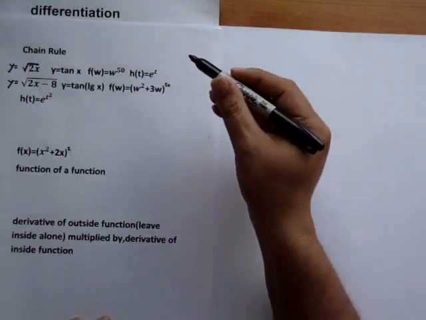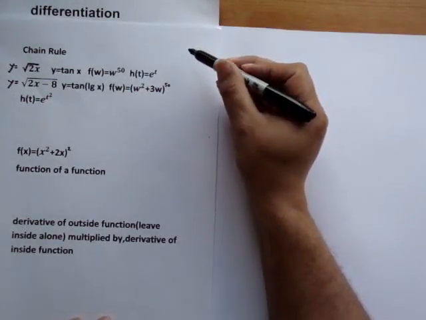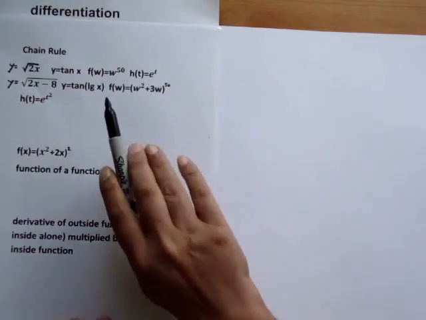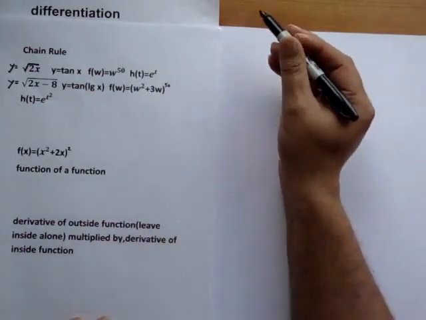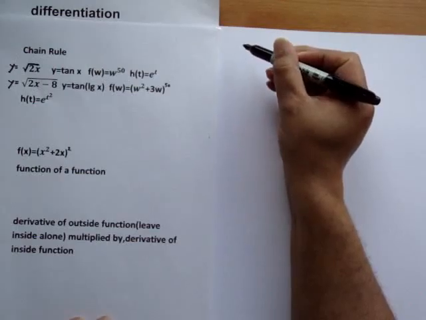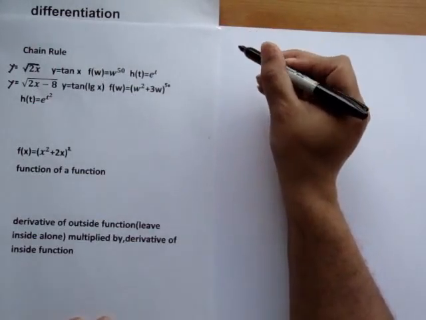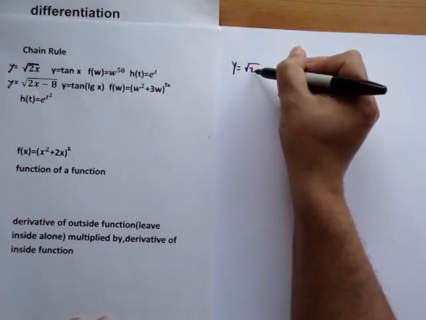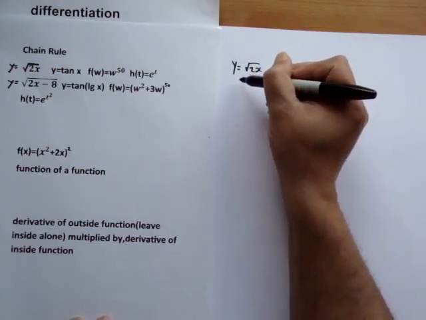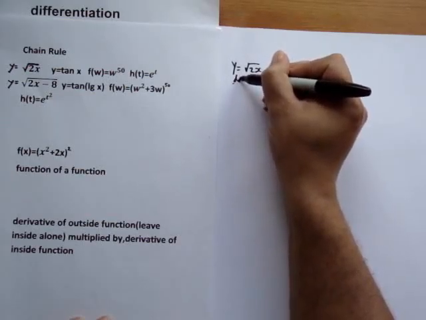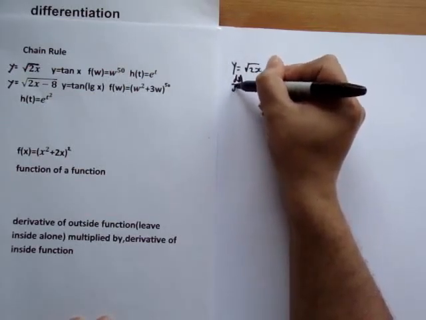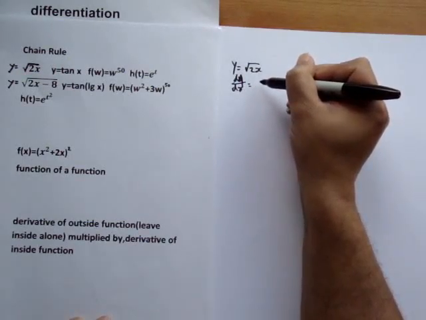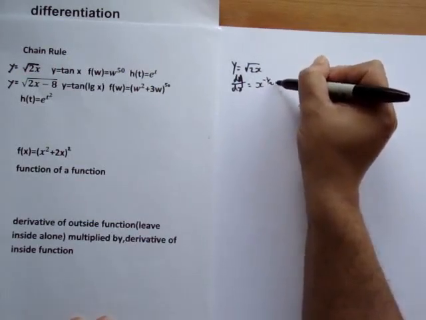Now when we're differentiating functions where the variable appears by itself, as in these functions on the top row, that's quite easy as we just use the power rule. For example, y equals square root of 2x, dy by dx becomes x to the minus half.